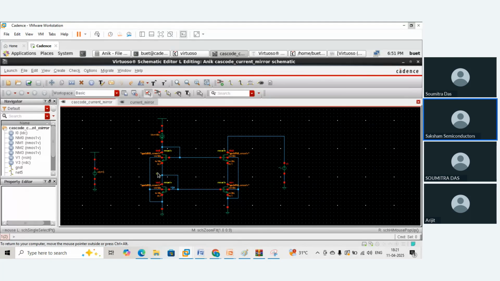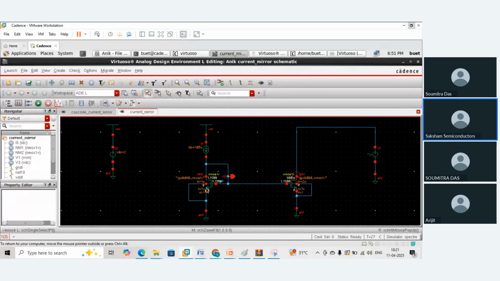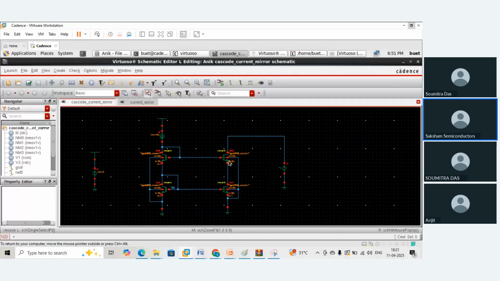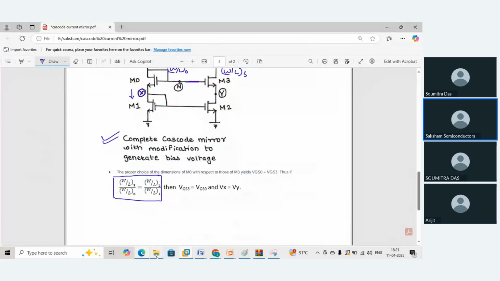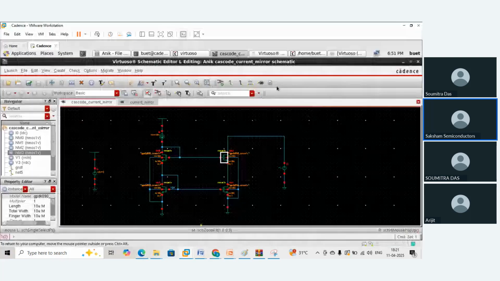Now here you are cascoding them together. Yesterday, whatever the ratio was, I kept it as 1 micro by 1 micro, and I'll keep the same ratios, because the intent of this entire exercise is that all the transistor ratios should now be the same. Let us keep them the same so that I get the reference current properly.